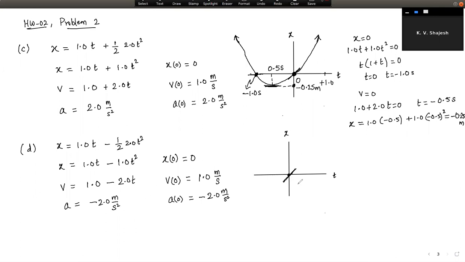Let's again look at what happens to the position for very large time t. When t is large, it is dominated by the highest power in the polynomial. If t is positive, t squared is positive, but the minus 1 makes it negative.